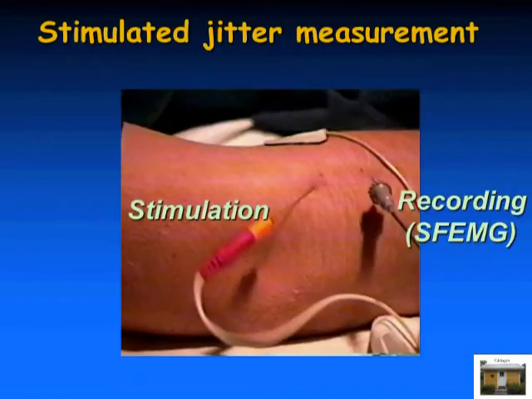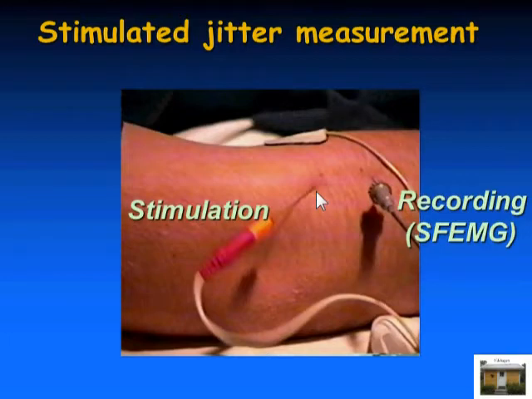This can be seen most directly during single fiber EMG recordings made during axonal stimulation. This is a diagram of this technique. A monopolar needle electrode is inserted into the muscle near the end-plate zone in such a way as to get very close to individual motor nerve twigs.